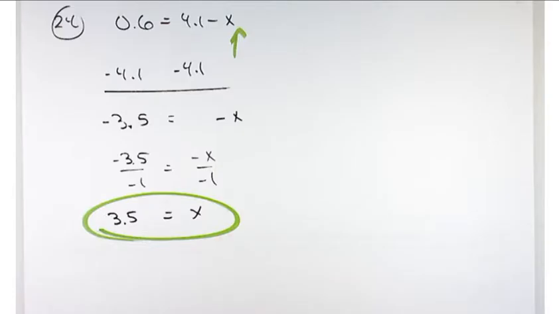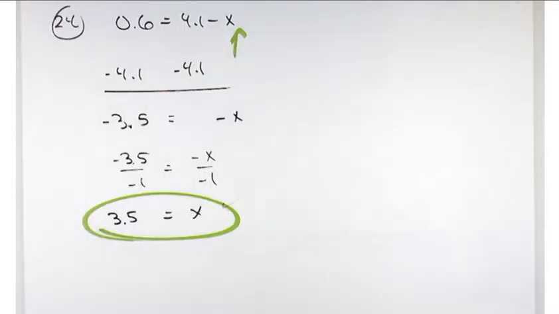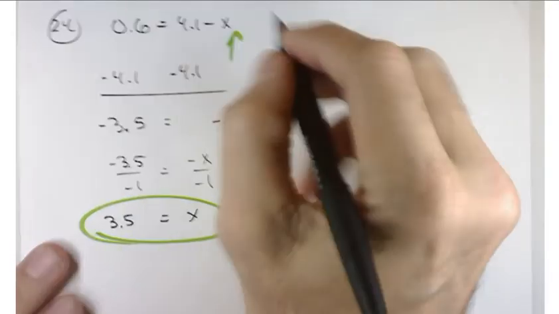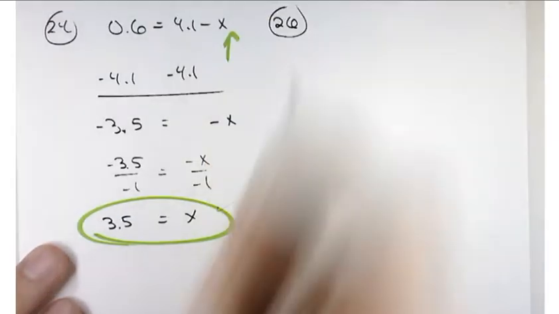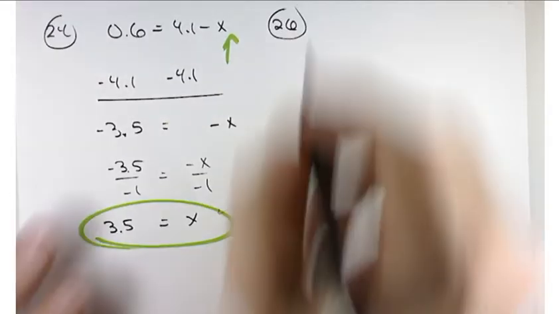You can check it. 4.1 minus 3.5 is 0.6. Now, some of your problems are going to go a little bit beyond what we have here, and you have to deal with what are called grouping symbols, parentheses for most of us. Problems like number 26.